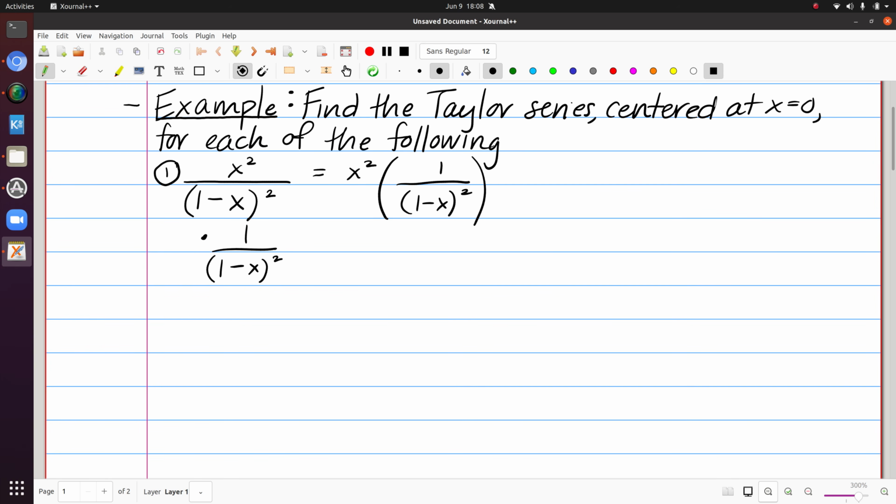And in particular, if I were to take the square of a sum, that does not give me the sum of the terms squared, which might be what we'd like to do. So a common mistake here is I see somebody taking the sum for 1 over 1 minus x and just squaring the terms. So the red is saying let's avoid that.